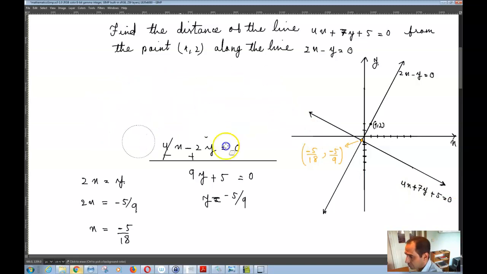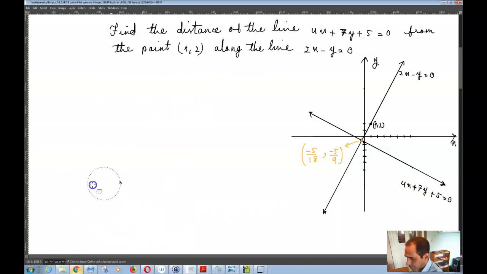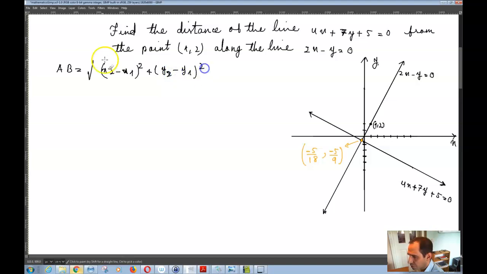So now that I have the 2 points, I can find the distance of the two. Again, we said that the distance formula was the square root of x2 minus x1 whole squared plus y2 minus y1 whole squared. And that is equal to, over here I have these 2 points, (1, 2) and (negative 5/18, negative 5/9).